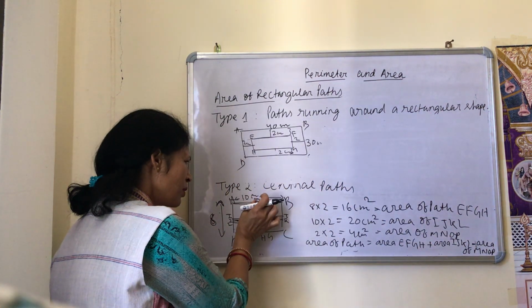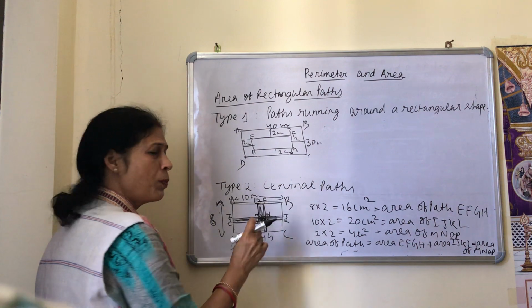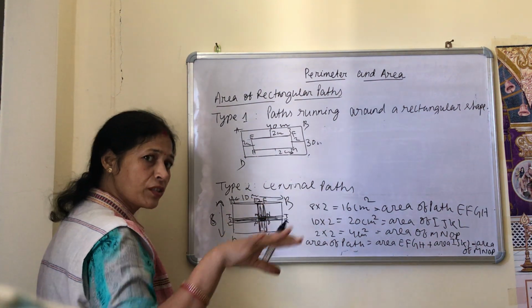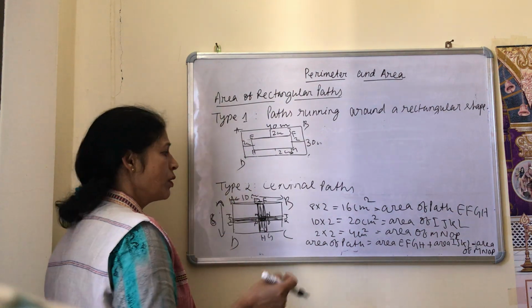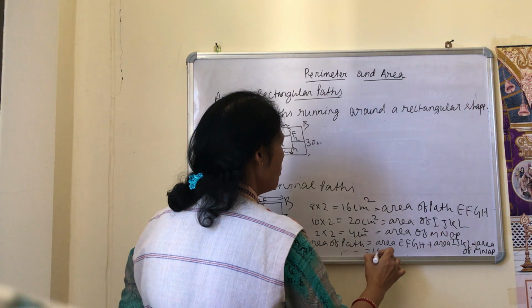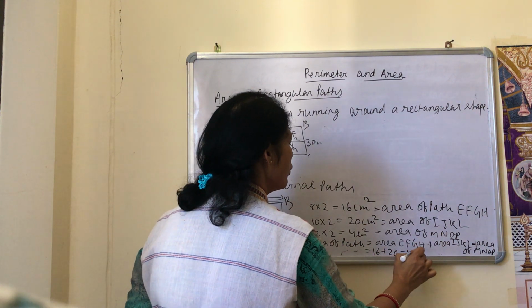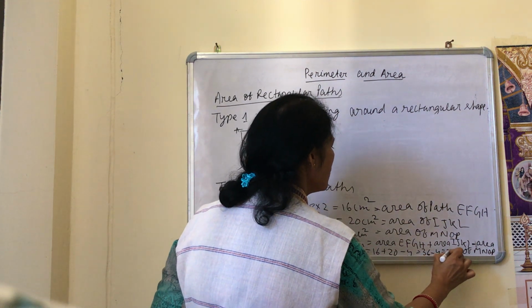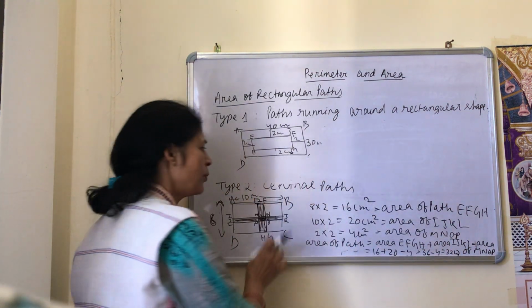That means MNOP is common to both the paths. That's why you subtract this one time. Okay, so this is 16 plus 20 minus 4. 36 minus 4 is 32 centimeter square is the area of the path.